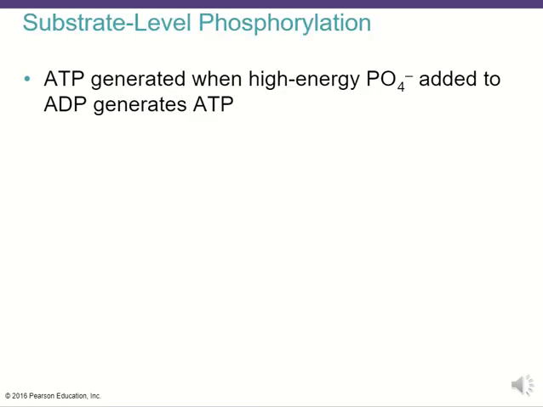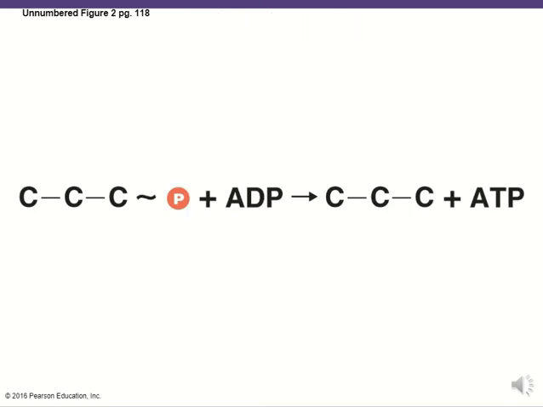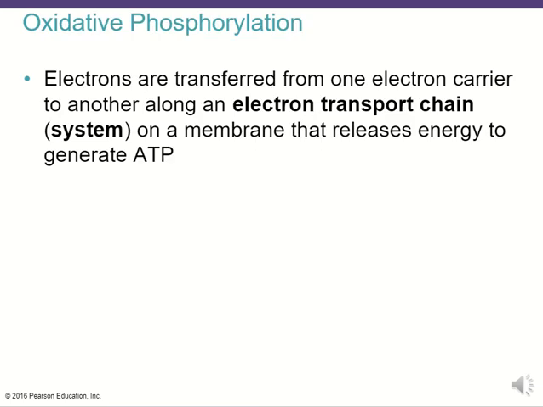Now, ATP is generated when high energy phosphate is added to ADP, well, essentially that's how you generate ATP, through substrate level phosphorylation. This basically just shows that there is a bond connecting inorganic phosphate on one molecule, and it is eventually transferred onto ADP to form adenosine triphosphate.